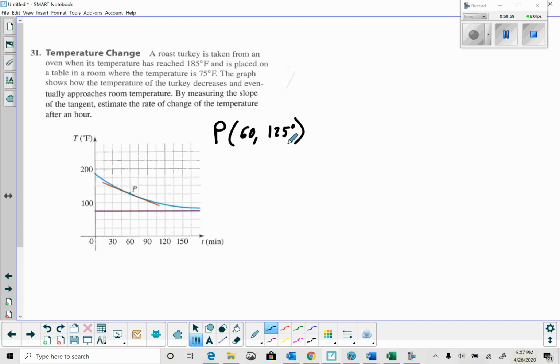So now, how much did you copy it? Did you zoom in? How closely can you see that graph? The authors of the book are suggesting that if we go back to say 30 minutes after the bird came out, it had a temperature of 147.